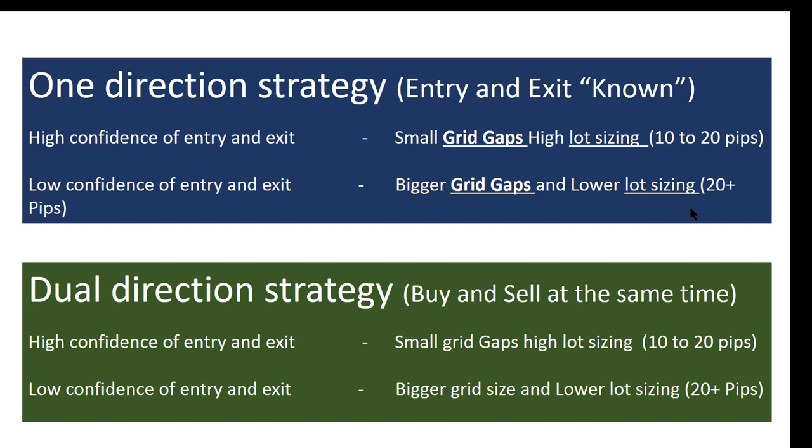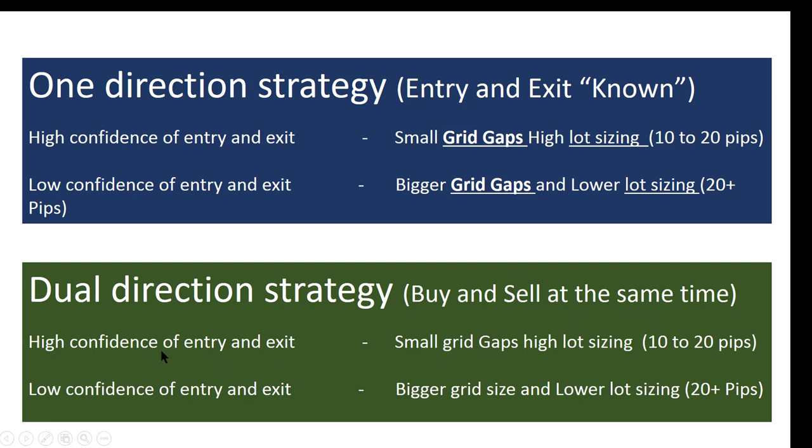Now, if you are trading the dual directions strategy, that is a strategy that you would use if you are not sure of the direction, so you buy and sell at the same time, or you suspect that the currency that you're using will trade sideways for the next week or two. So you'd use that kind of strategy then.